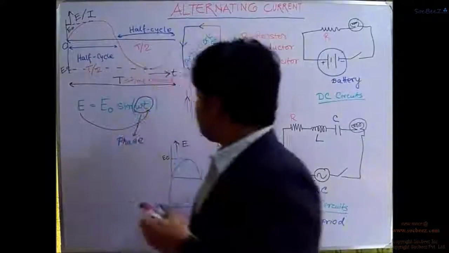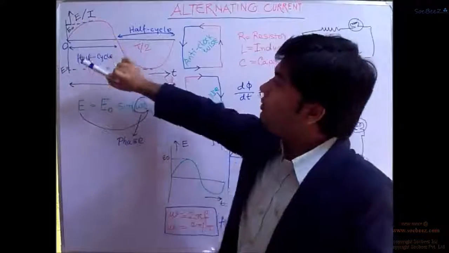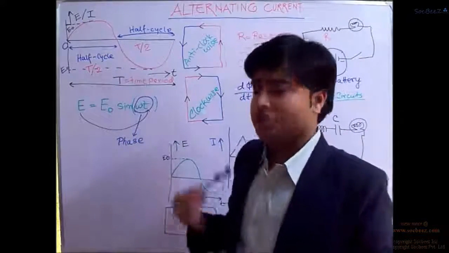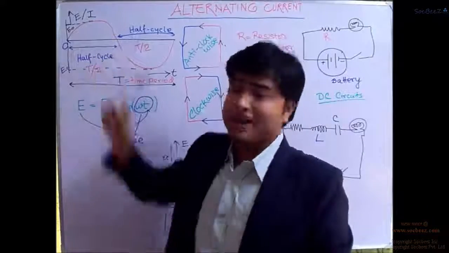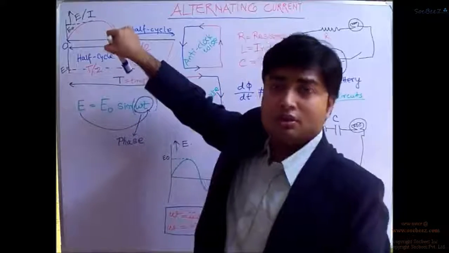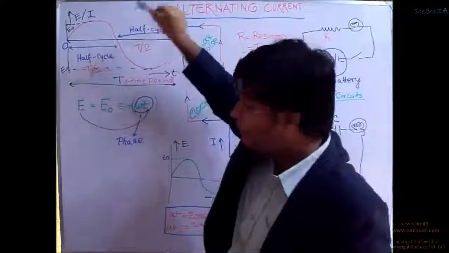For example, in this curve, look minutely, this is 0, right? How could we understand what the magnitude of the E is right now? Because this is in angular terms, right? This is not a linear motion, this is a waveform.